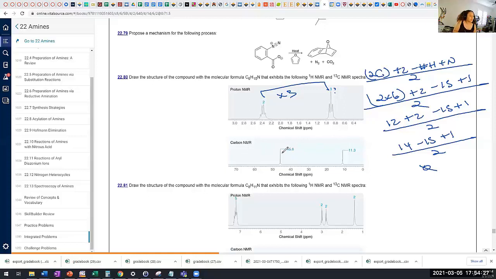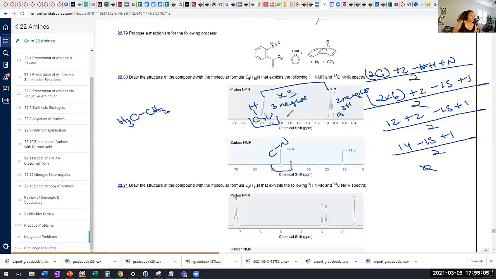So what we can figure is whatever the structure is, these hydrogens are closer to the nitrogen, this carbon is closer to the nitrogen, and because we have no double bonds, we know this is a triplet, so that means it has 2 neighbors. And because it integrates for 3, we can imagine that it's probably a CH3 next to a CH2. And over here, I have a quartet, which means that I have 3 neighbors. And it integrates for 2, which makes sense.